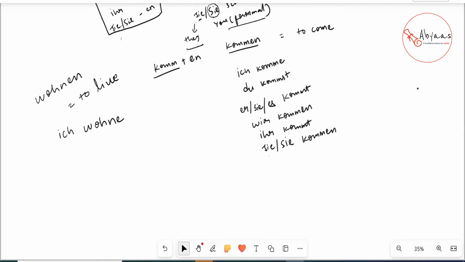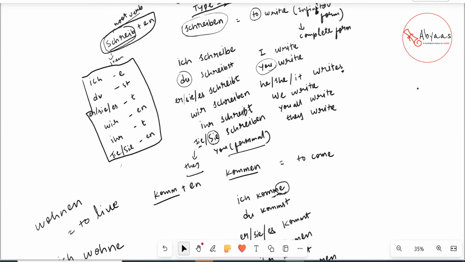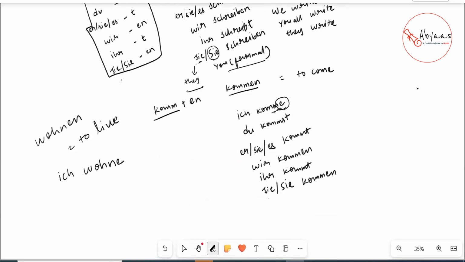It's not "vone". Over here, why am I calling it komme? Because of the double M. Due to the influence of double M, we are focusing more on this O, komme. And over here it is schreibe, not schreiber.